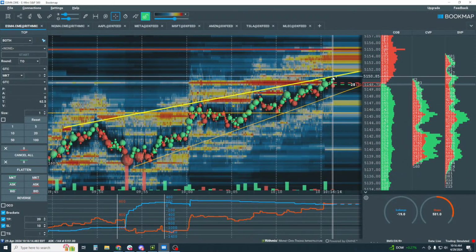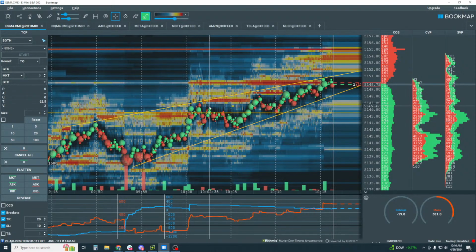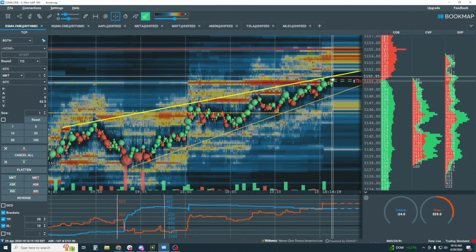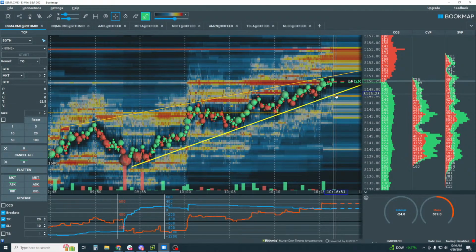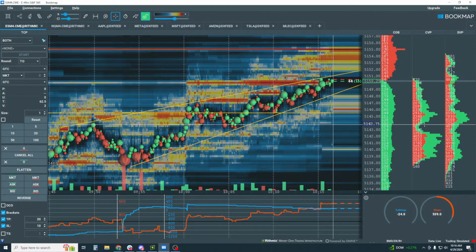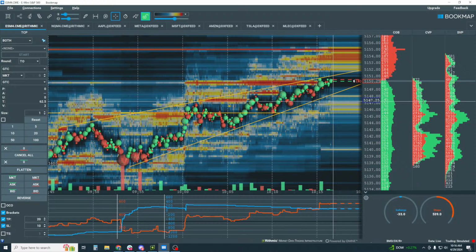So up here, it is considered, at least by these highs that we've strung together, that this is a little too overvalued. Okay, down here in this channel, this would be undervalued. Now, if you look at your profile, it is the same idea, except you're looking at it aggregated horizontally.